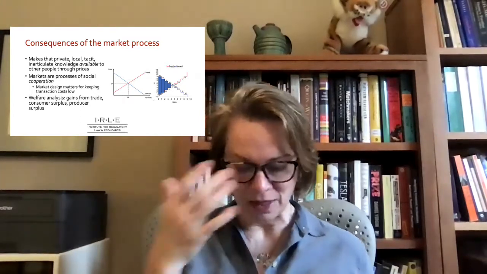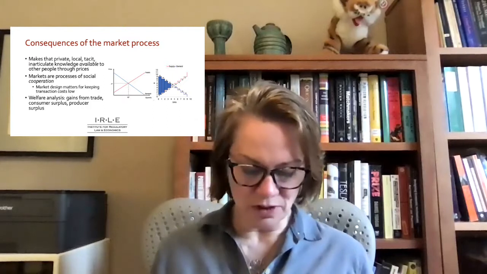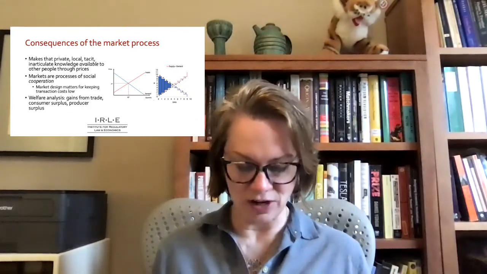And that process is essential, and it is a cooperative process, even though we do generally focus a lot on competition, right? The rivalry between buyers to try to get the cheaper deal, the rivalry between sellers to try to make sure that they're the ones that get their products sold. But that is really the process that generates the gains from trade, the producer surplus, the consumer surplus that we use to evaluate the benefits of market processes.